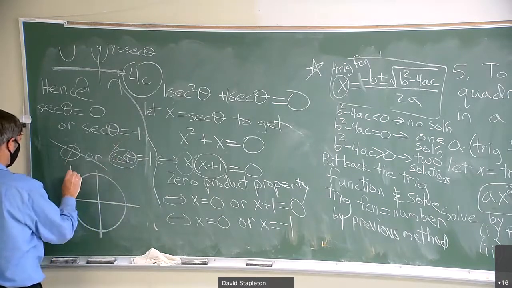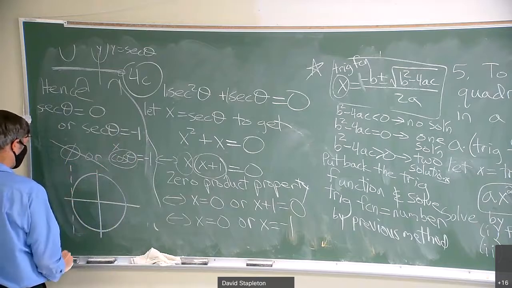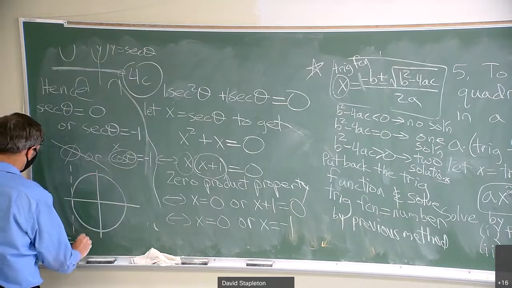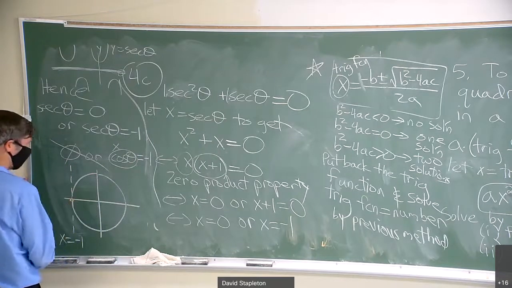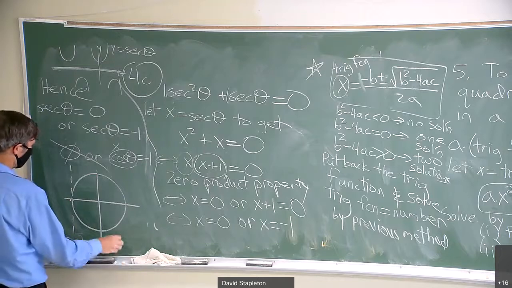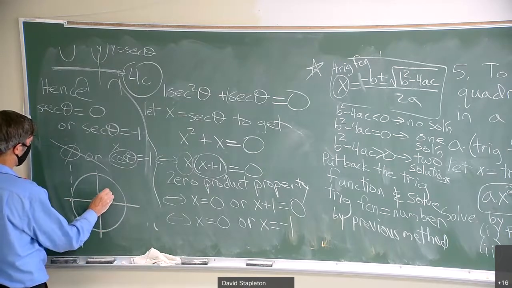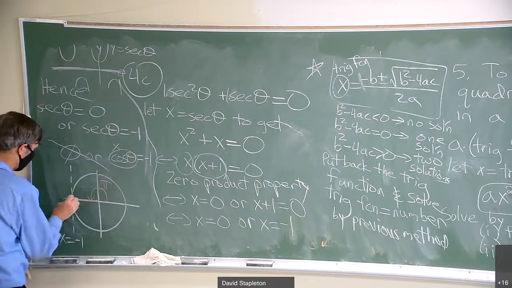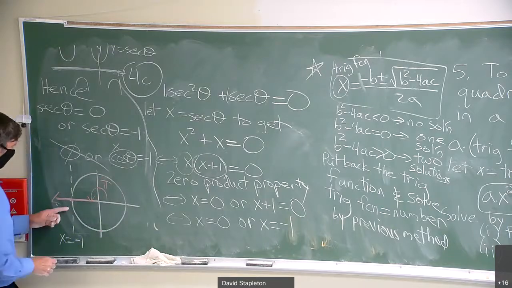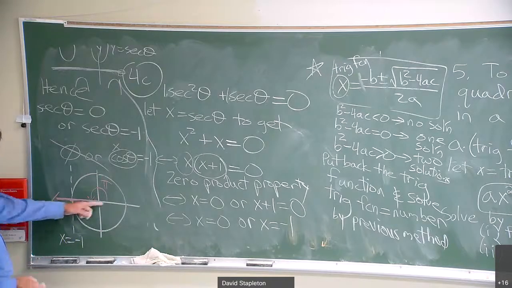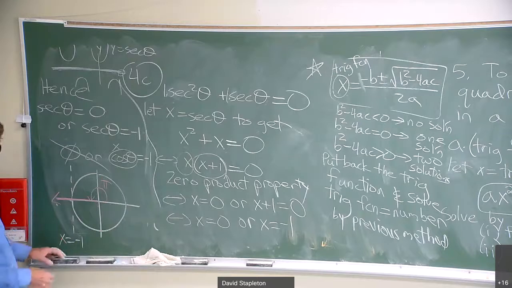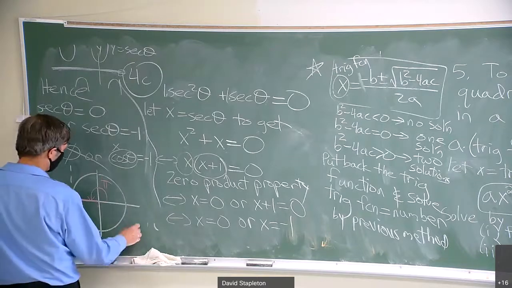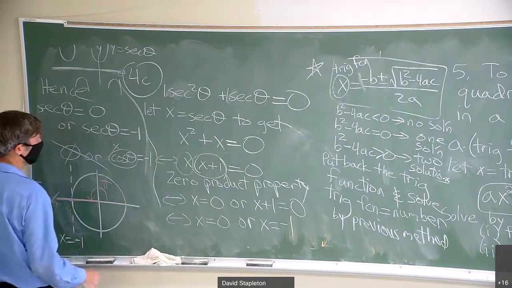My vertical line is just tangent to the circle, right? X equals -1 is 1 unit from the origin, so it just touches at one point. Since it touches at just one point, there's only one angle that goes there. It's this one, pi. There's one terminal ray since the circle's only intersected at one point. And it has to be this angle right here, pi. So theta equals pi is one angle to the terminal ray.